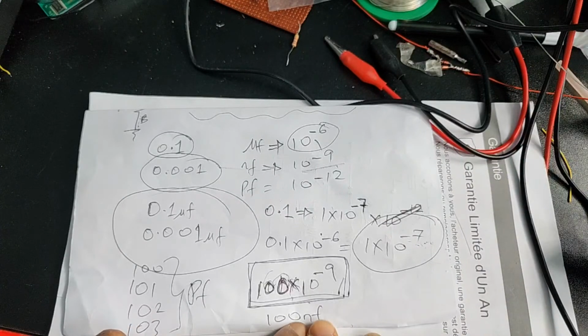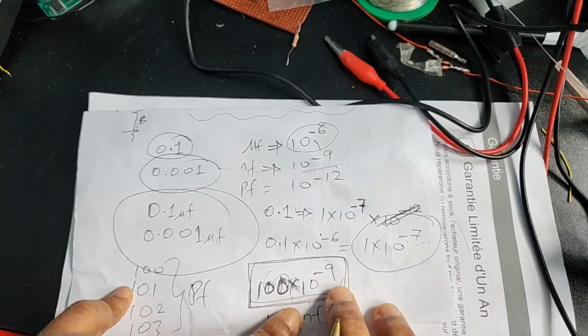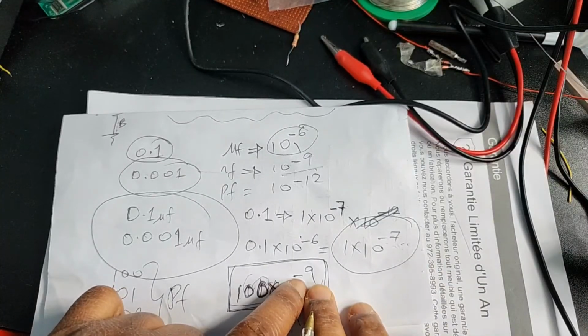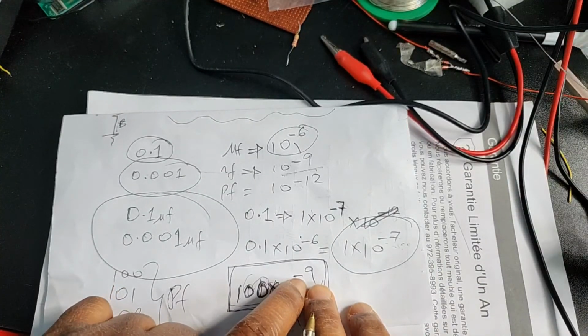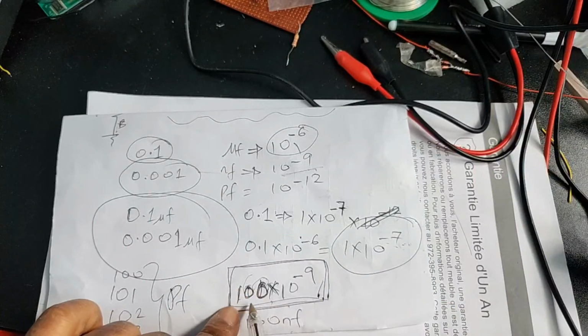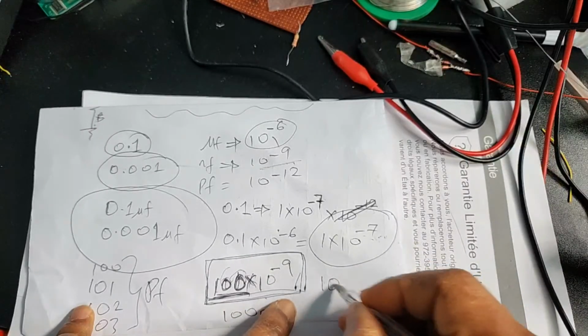Okay. Now, I want to get this to minus 12. So how many more zeros do I need to add to get this to minus 12? So I need to add 3 more zeros. Easily, 3 more zeros. So I have 2 zeros already. So it's going to be 1, 0, 0.